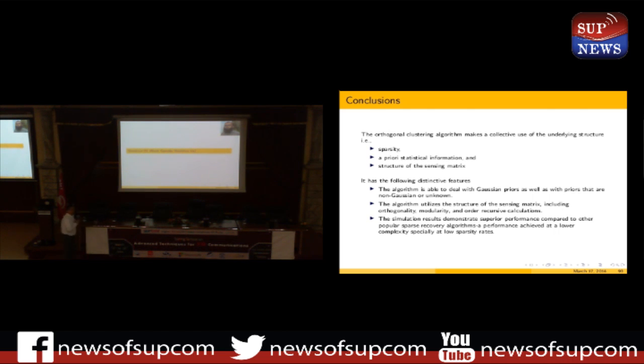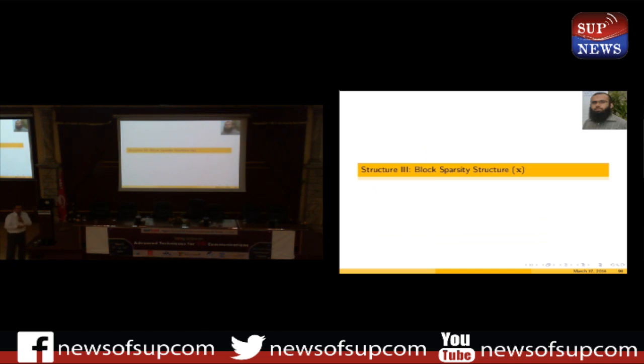Let me go through another piece of structure, which is structure in X, and basically block sparsity. Remember, when we have a sparse vector, we said we have two things we need to estimate, right? The location and the value at that location.